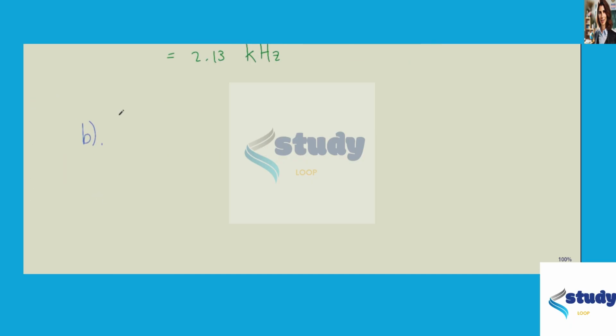Next, we wish to calculate the energy stored in the capacitor. The energy stored in the capacitor, U, is equal to a half CV squared. And again, these values are known, hence we can calculate this energy.